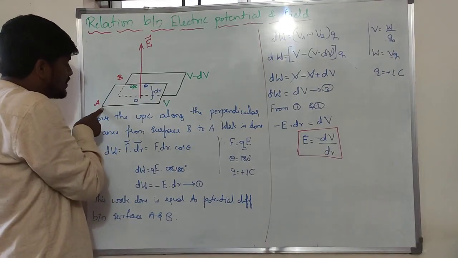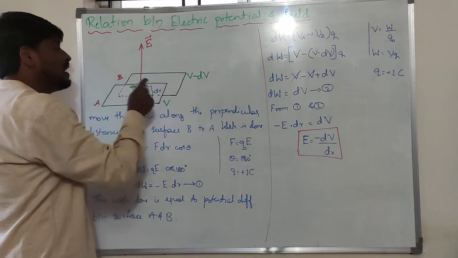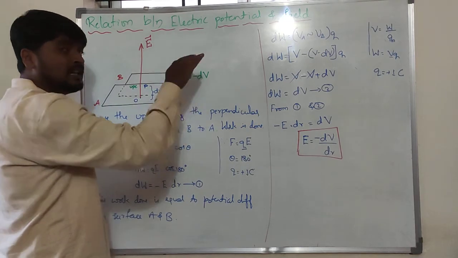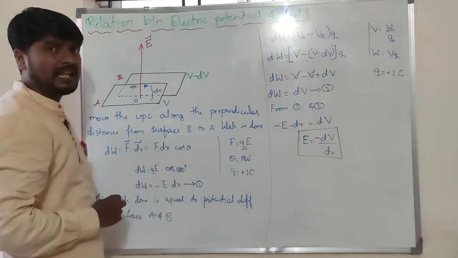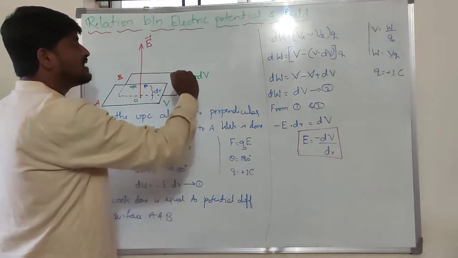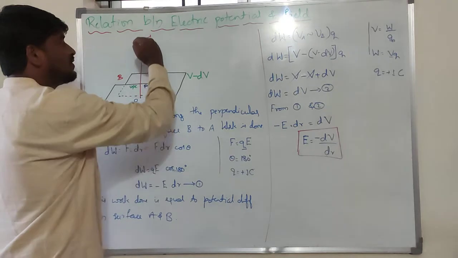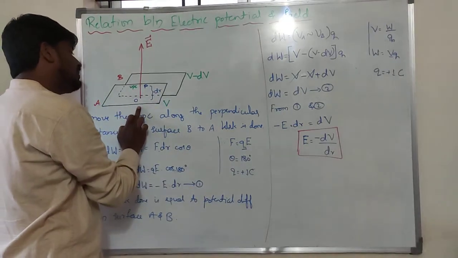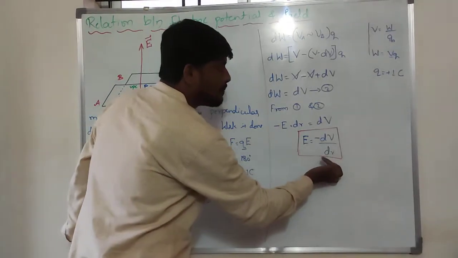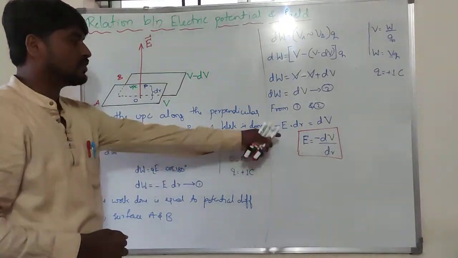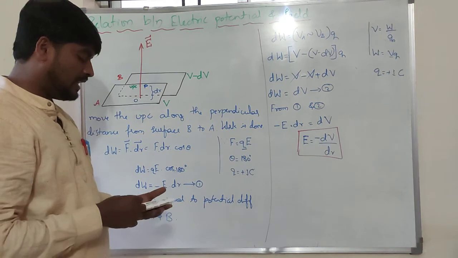If I move from surface A to surface B, the value of potential is decreasing. That means it is with a negative potential gradient. So that means potential is changing if we go upward along the direction of the electric field. That means if I go from A to B, the value of potential decreases with respect to the perpendicular distance dr. That shows E equal to minus dV by dr.